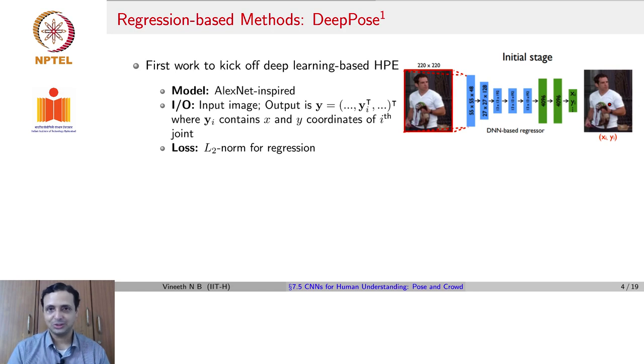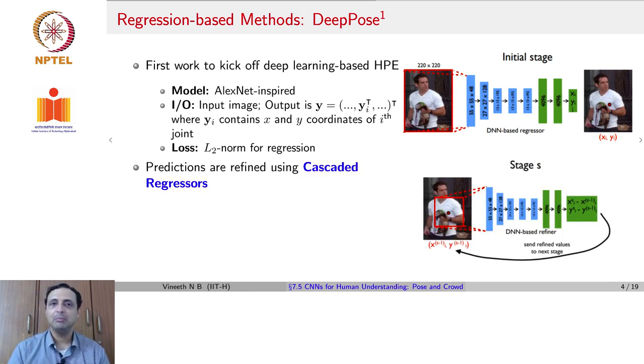This method did not stop here. To further improve the performance, it also used what are known as cascaded regressors to improve the precision of the location of each joint. What did this mean?